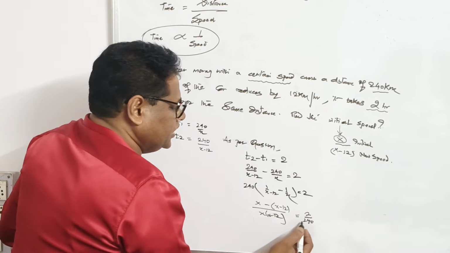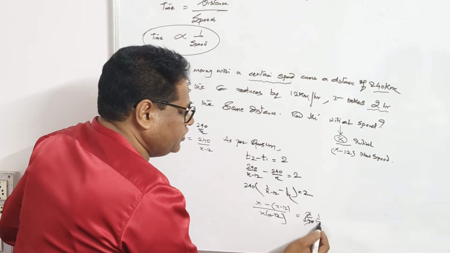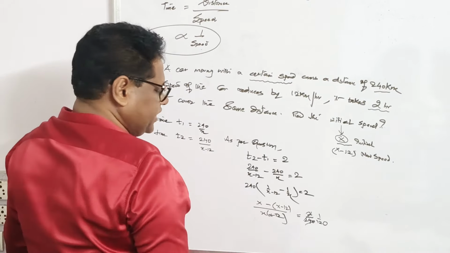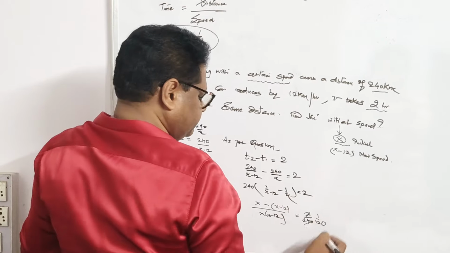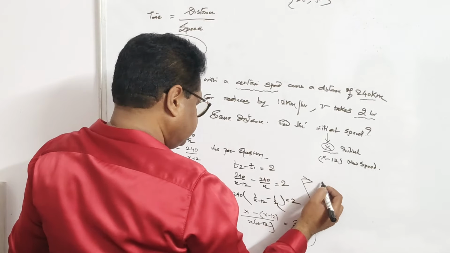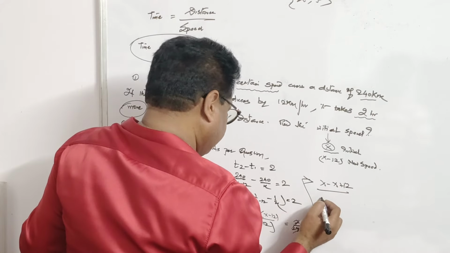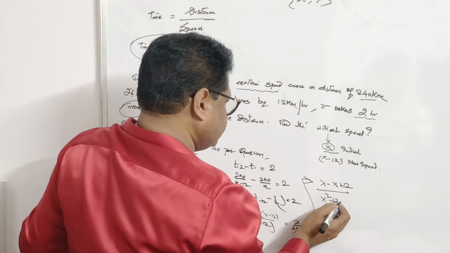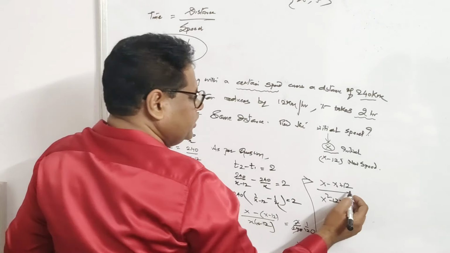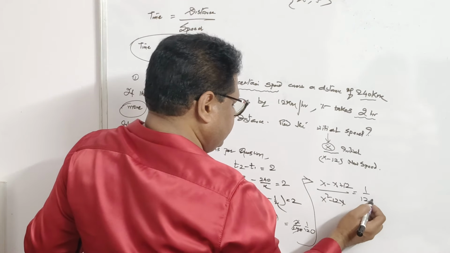Now cancel this. It is 1 by 120 on cross multiplication. See the calculation here: x minus x plus 12 divided by x square minus 12x, that's a product of these two, equals to 1 by 120.